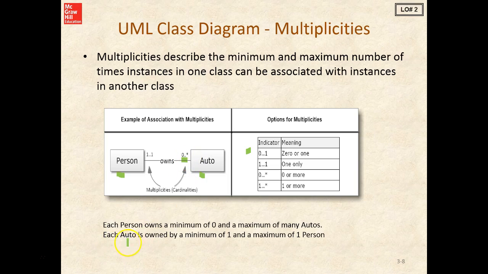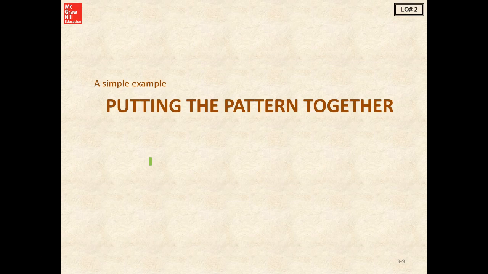On the other hand, each auto is owned by a minimum of 1 and a maximum of 1 person. So the registration can only be in one individual's name, represented by the 1 to 1.